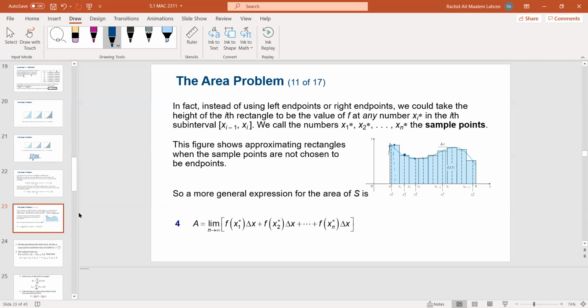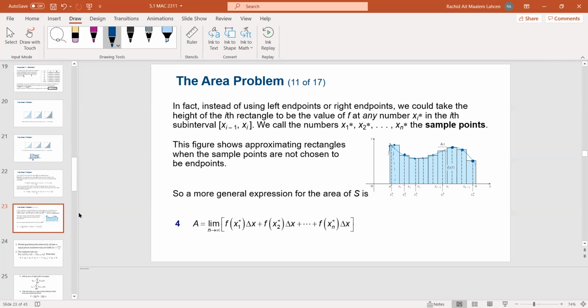We can take maybe the midpoint for each one, and that will probably help better. So whatever point we're taking, left, right, or in the middle, or somewhere where the graph intersects, these are called the sample points, xi star.